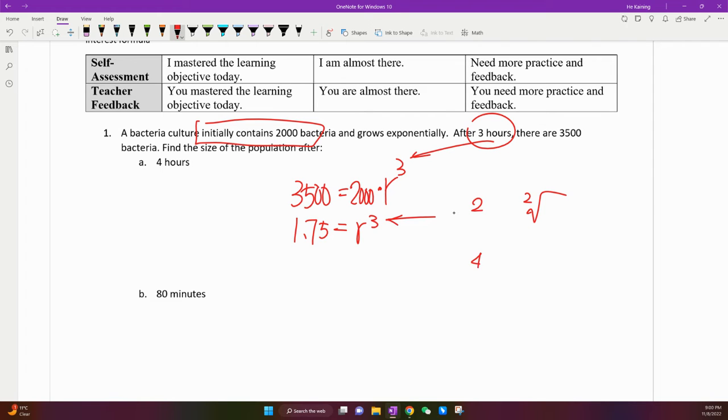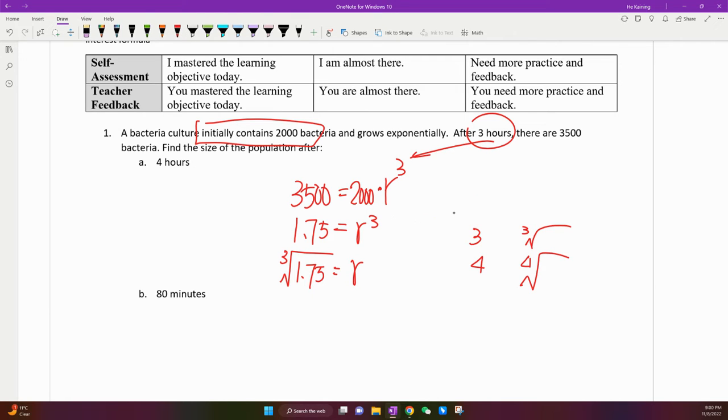When I have a fourth power, we have a fourth root. In the middle, I have a third power, so I'm going to have a third root, also called cube root. So I'm going to do a cube root on both sides. That is how you get your r.